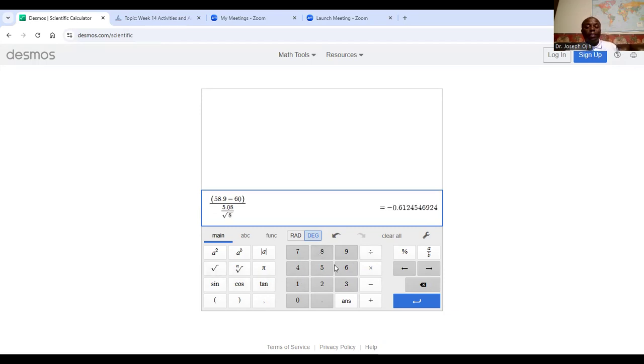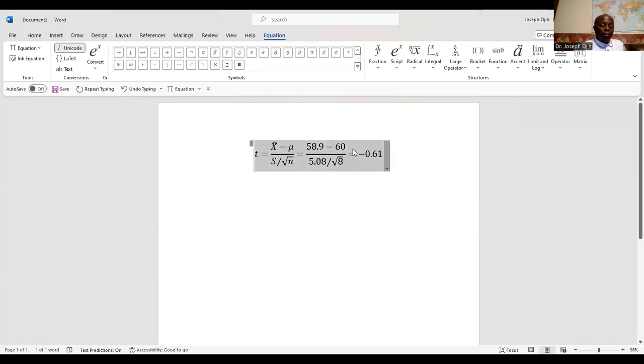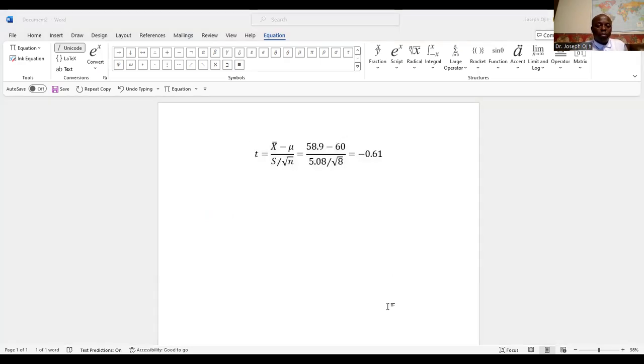Then it is negative 0.6124, so it is 0.61. You can put it right there. Now we're going to copy this and paste it in our main workbook, this one here.